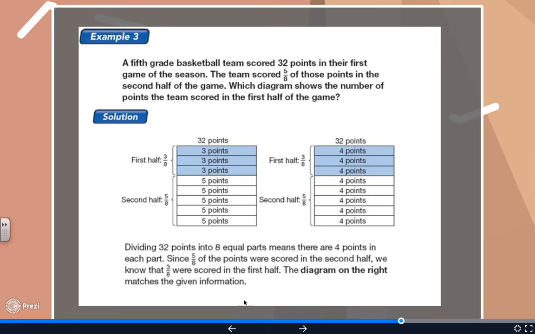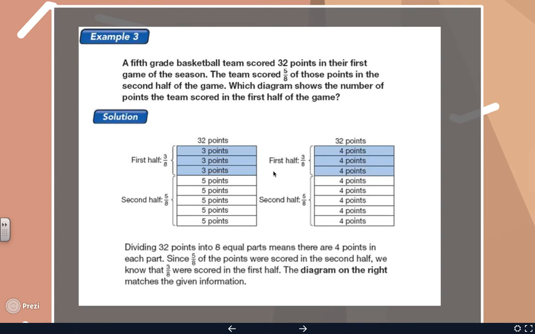Okay, so what you're going to do is you get 32 points, and then we want to divide it into eighths, okay? And so we have 1, 2, 3, 4, 5, 6, 7, 8.